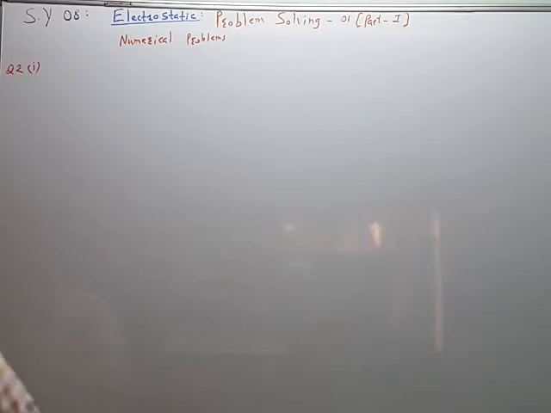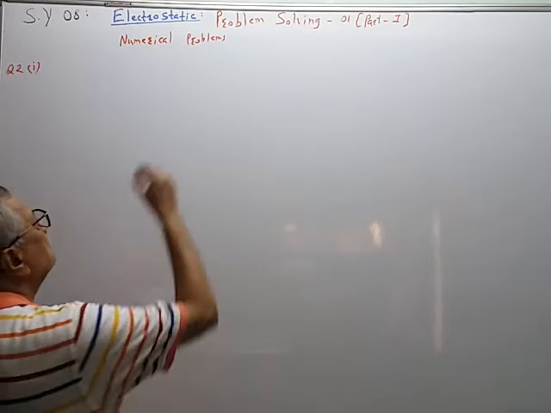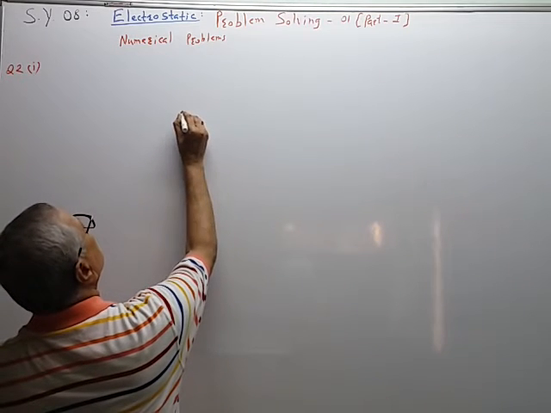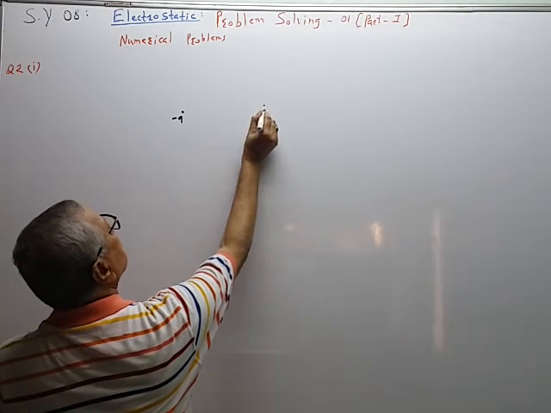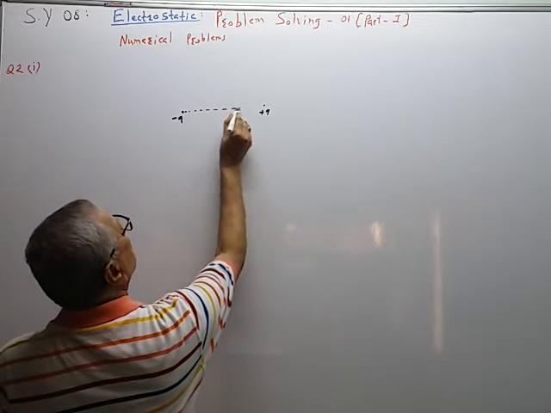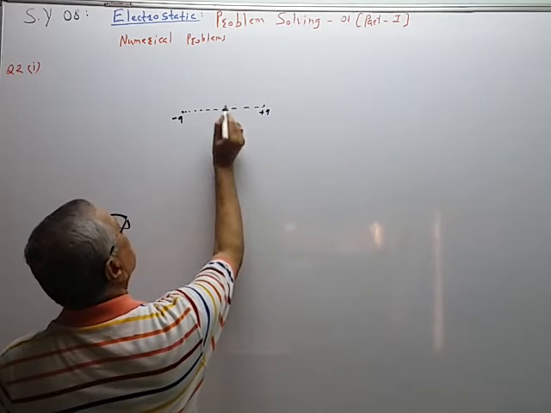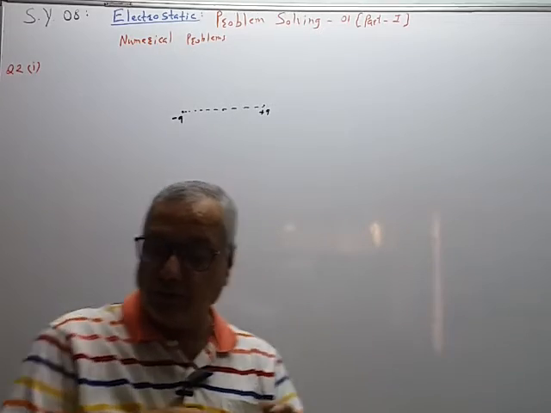So the situation is like this. This is the dipole. A dipole is given like this. This is minus Q. This is plus Q. This is the center. And through this center, this is the equatorial line.